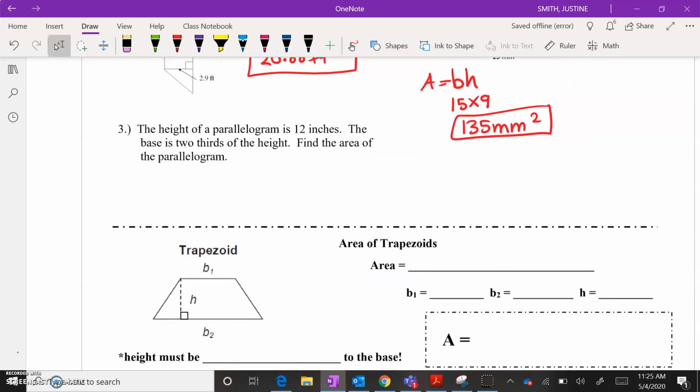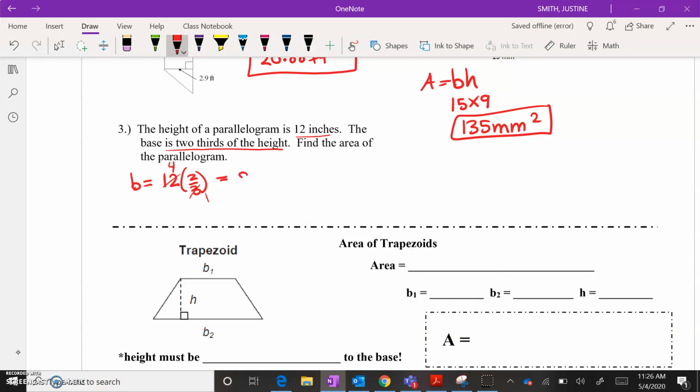Okay, and then for number 3, the height of a parallelogram is 12 inches. The base is 2/3 of the height. So if I know that the height is 12 and the base is equal to 2/3 of the height, I'm basically just doing 2/3 of 12, right? So 3 goes into 12 4 times.